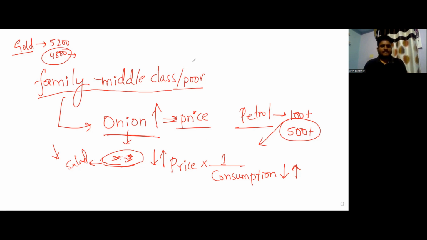Getting this? So if we wanted to explain this in simple words, take onion for that matter. If it was 20 rupees per kg, and if I wanted to buy 5 kg, how much money am I spending here? The onion price is 20 rupees per kg and I am buying 5 kgs of onion.